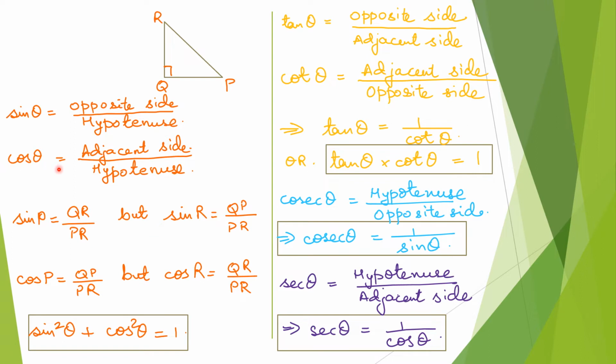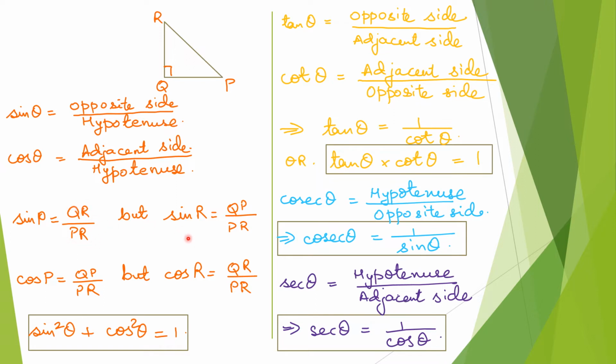And cos theta is defined as the adjacent side divided by the hypotenuse. So if I'm looking at P as my angle, that is if I want to find out what is sine of P, then the opposite side will be QR divided by the hypotenuse, which is PR. So it is QR upon PR.